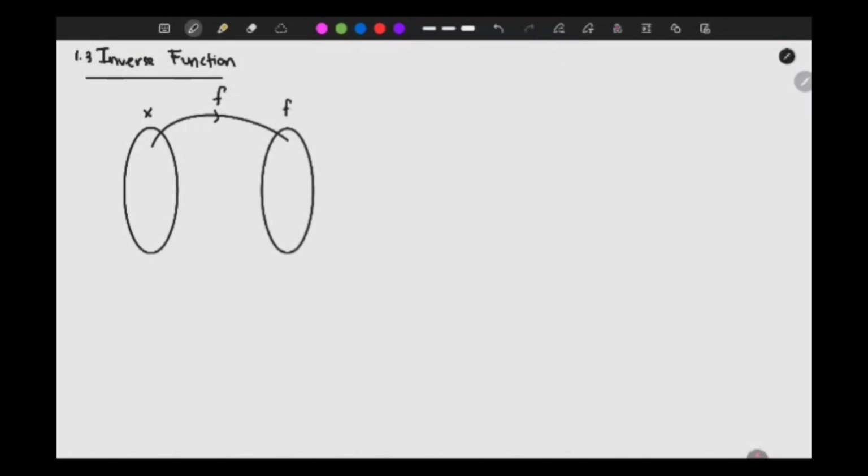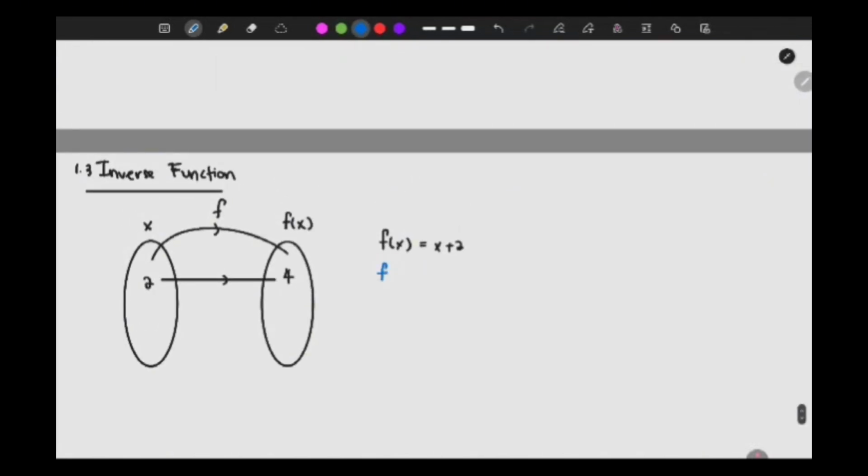That means when my x is 2, I replace the 2 here, I plus 2, I'm getting my 4. What is inverse? This is fx, the function that you learn. But inverse function is terbalik. So instead of going from x to fx, you go from fx to x. Terbalik, songsang. This is called the inverse function.